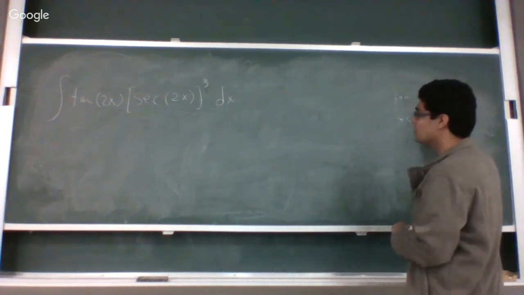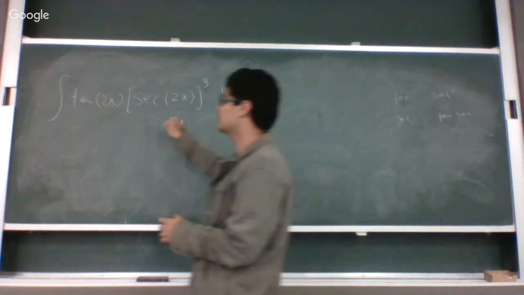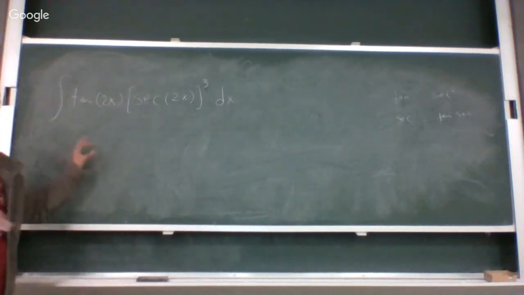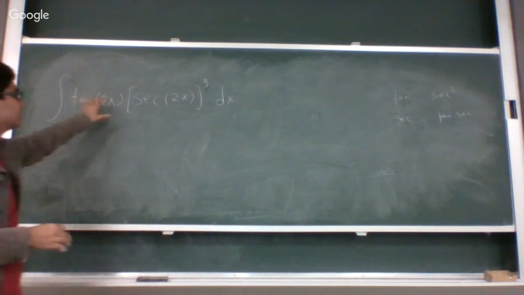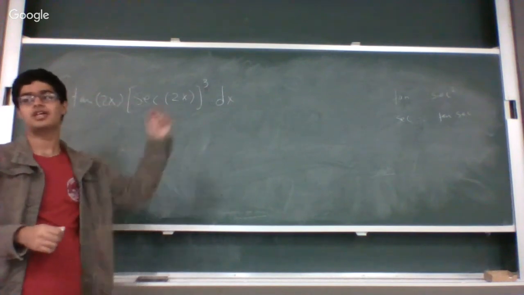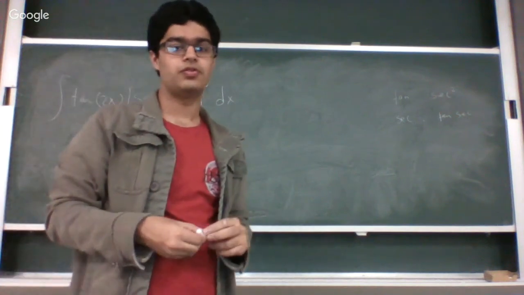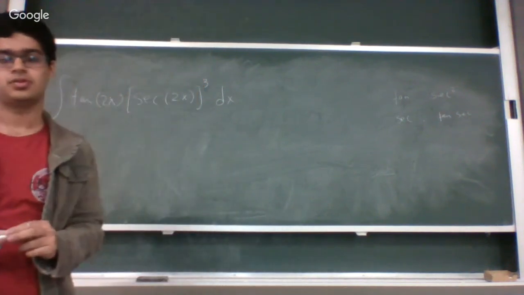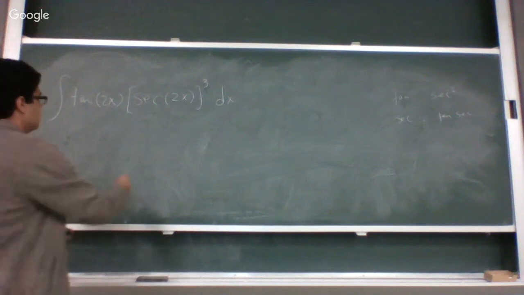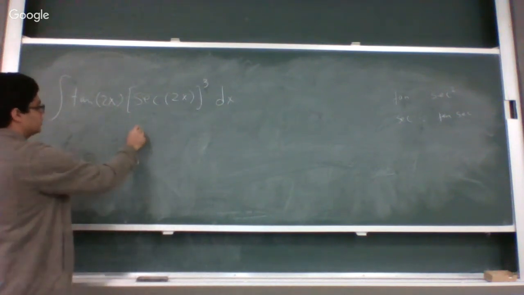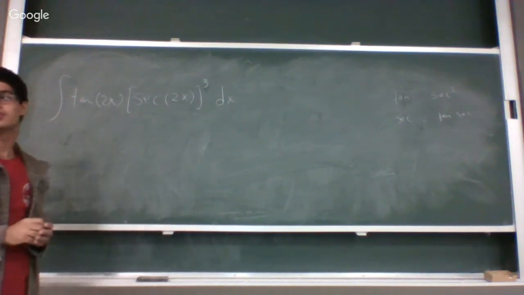We don't know if we're going to use these, but we might have to, because we're given tangents and secants. That's the relationship between them. So for this, what do you think our u is going to be? Secant 2x.